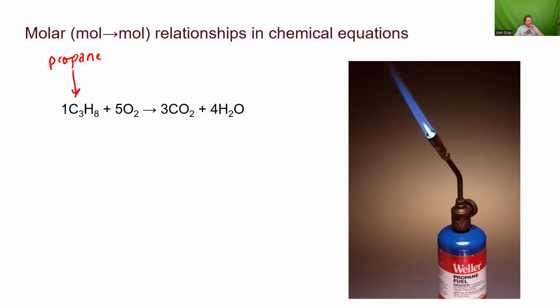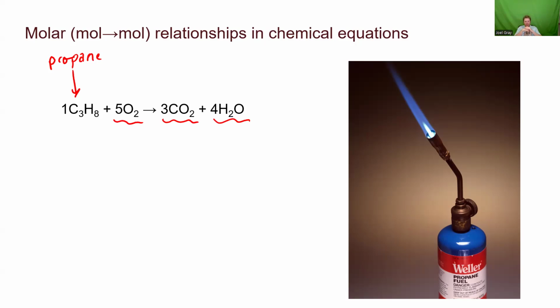Propane, C3H8. 1 molecule of propane will react with 5 molecules of O2, and it will produce 3 molecules of CO2 and 4 molecules of H2O.